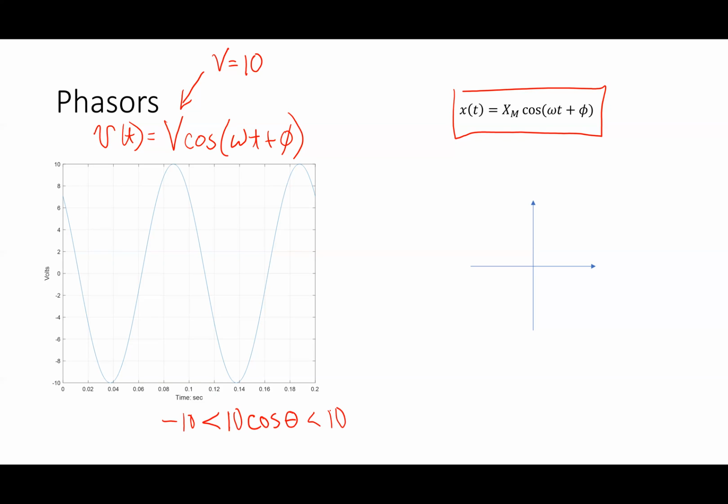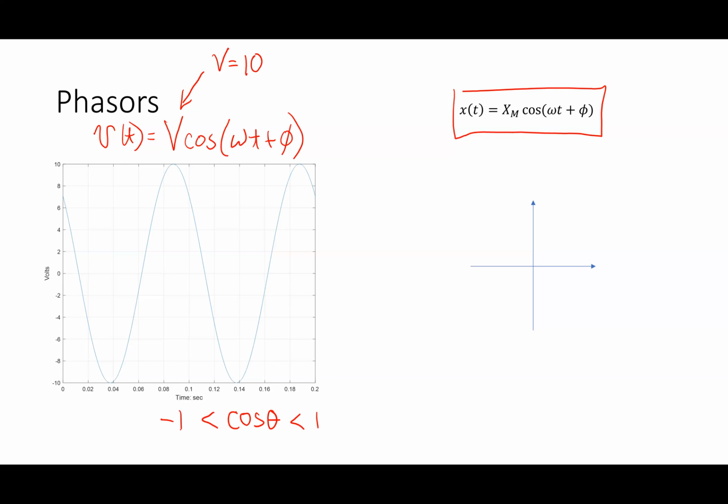That number in the front, just mathematically, has to be the coefficient that makes it bigger or smaller. If I have 10 cosine theta, it is between minus 10 and 10. By definition, cosine theta is between 1 and minus 1.